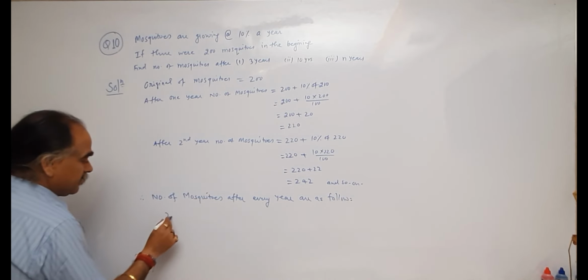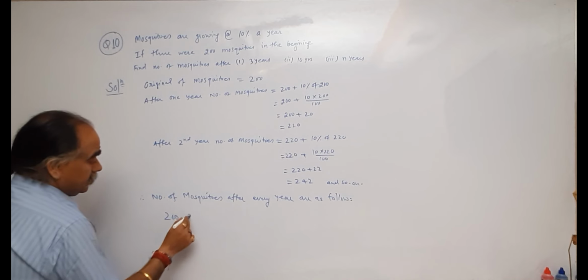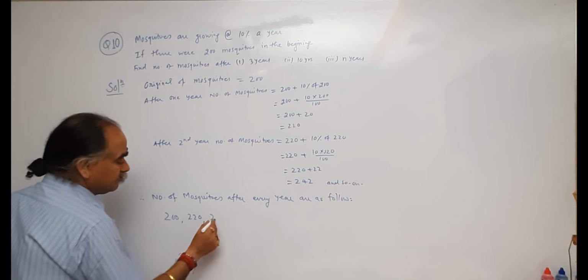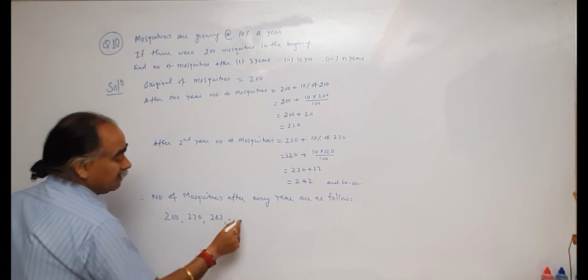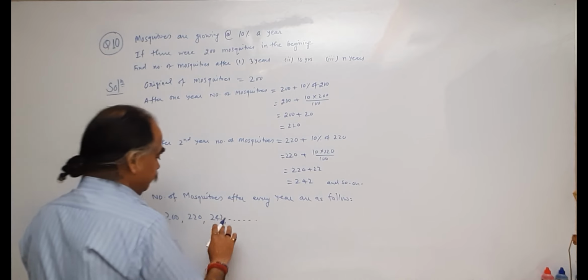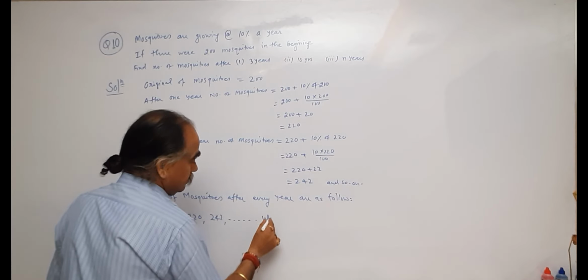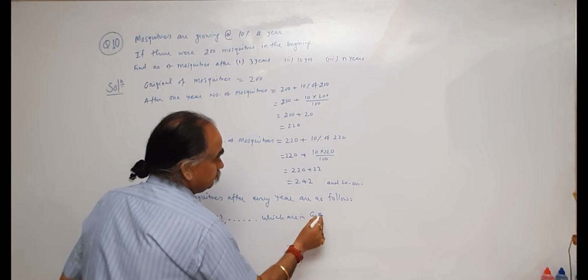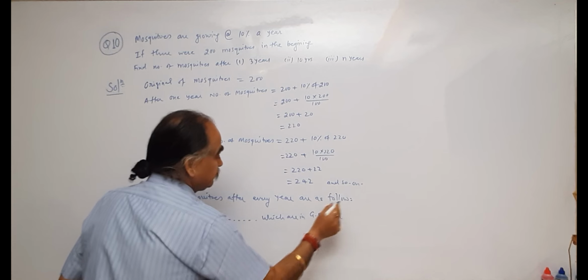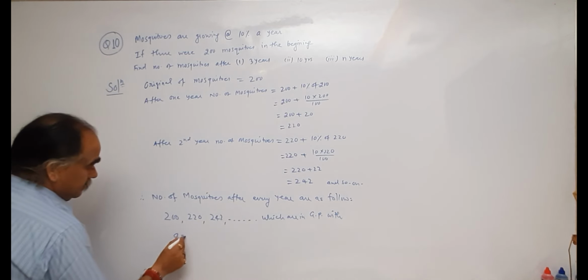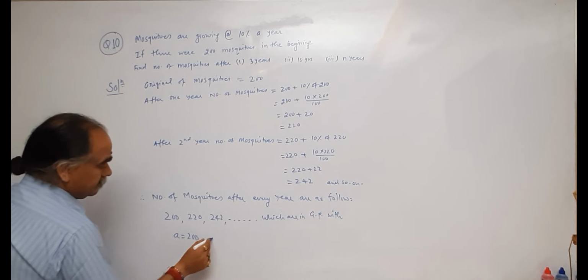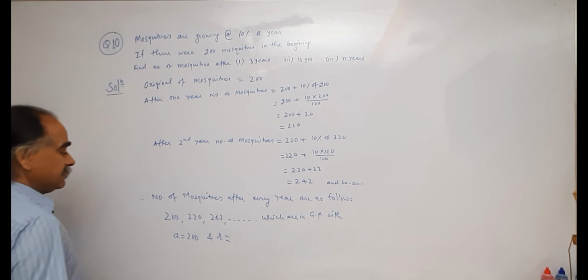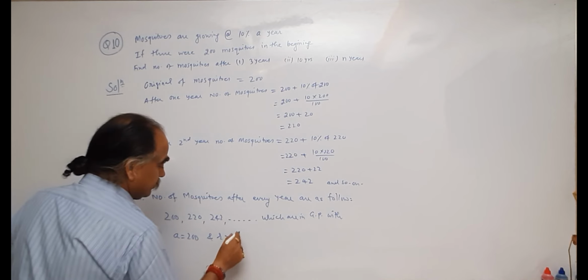This is beginning 200, 220 after 1 year, after second year 242, and so on, which are in GP with A 200 and common ratio 220 upon 200, 11 upon 10.